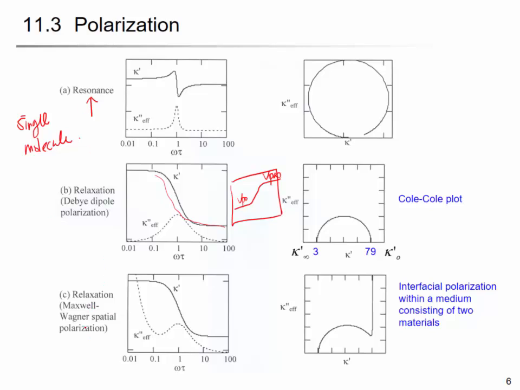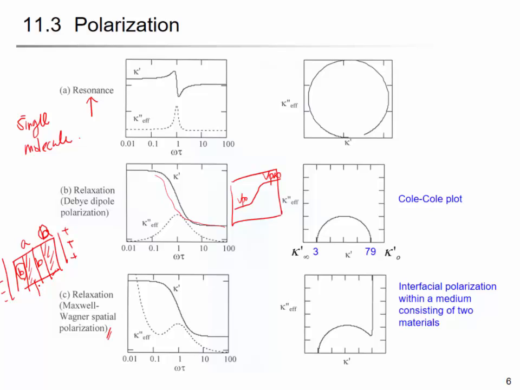And relaxation of this spatial polarization is when you have two different materials. So for example, sorry, this is A, and this is material B. And when you apply the electric field, then this will have a certain polarization, and material A will have a different polarization.